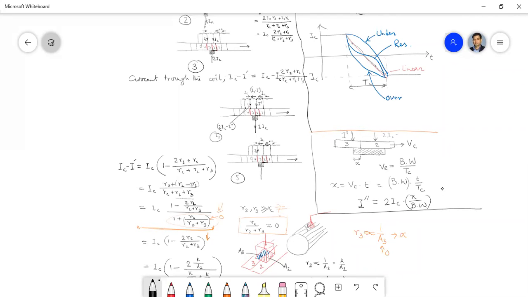2IC minus I double prime. Okay, so we can write this here.